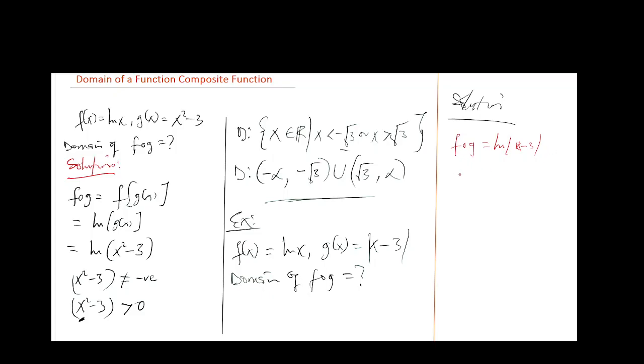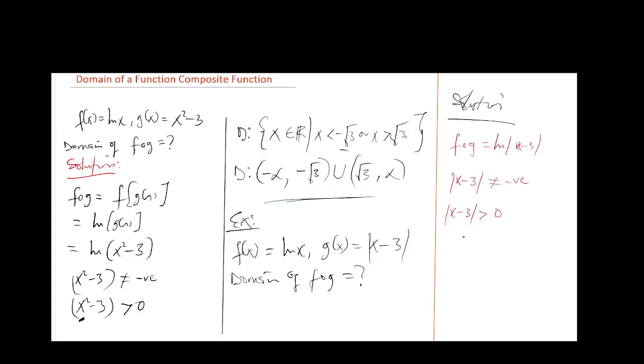In finding the domain, we check for restrictions. One of them is that you cannot take the logarithm of a negative value, meaning that the absolute value of x minus 3 cannot be negative. For it not to be negative, the absolute value of x minus 3 must be greater than 0.